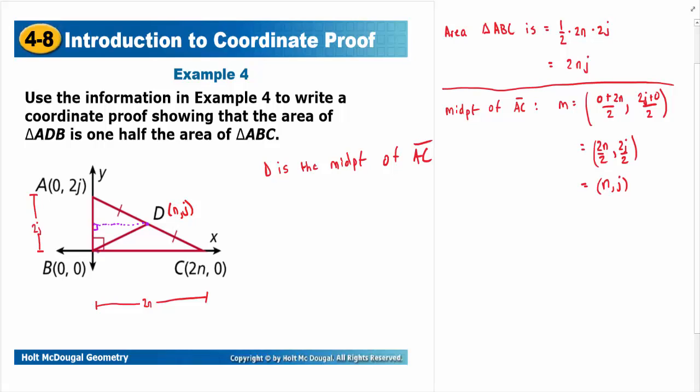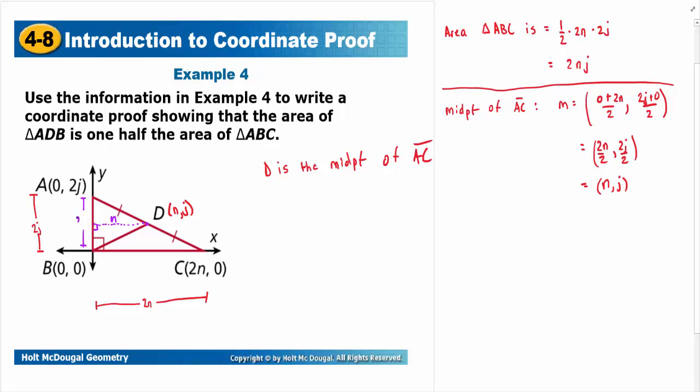See, if I start at 0, 0, I'd go right n. So this distance is n. Now the height is j. Okay, so if you go from this to here, that's j. But if you look, that's not this length. I need this for my base. This is the base of my triangle, whereas n is my height.